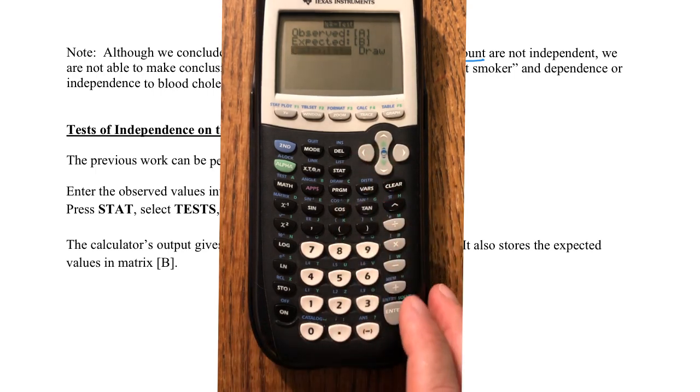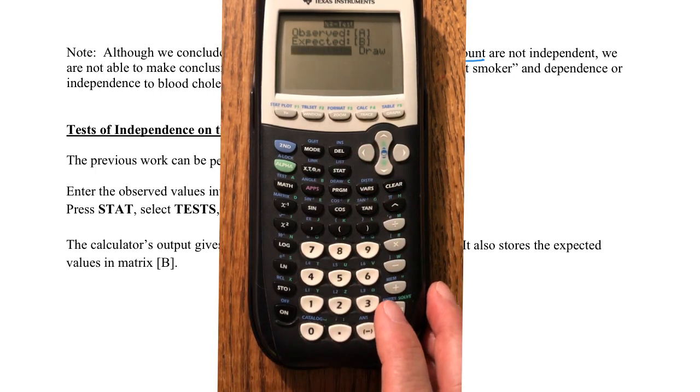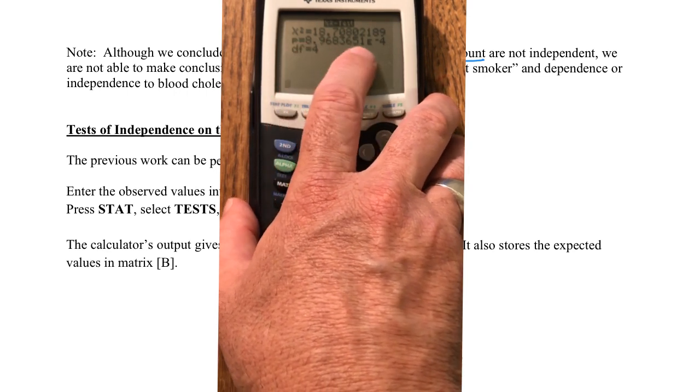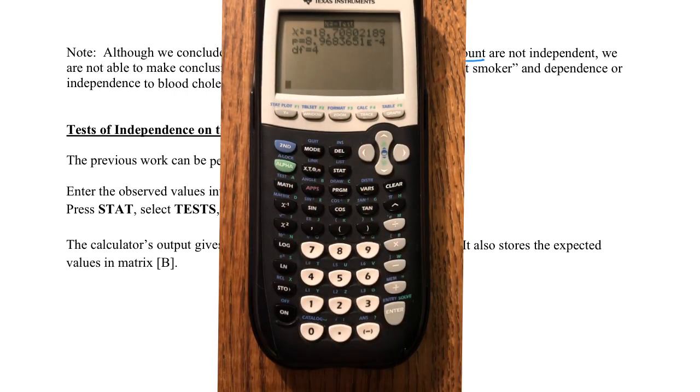I'm just going to go calculate. If you hit draw, it will show you the curve and the shaded area for the p-value. So I'll go to calculate, and it gives us everything. It gives us our chi-square test statistic, our p-value, and our degrees of freedom, and then we would just look at the p-value and make the conclusions from there.